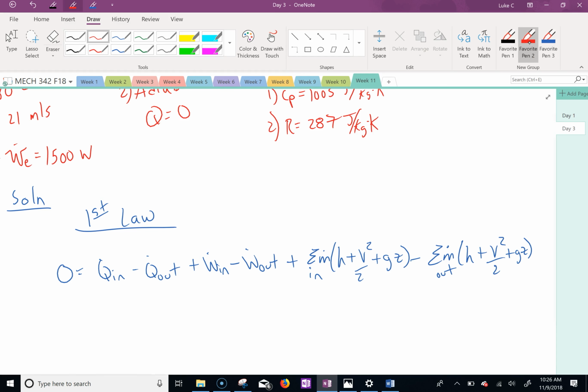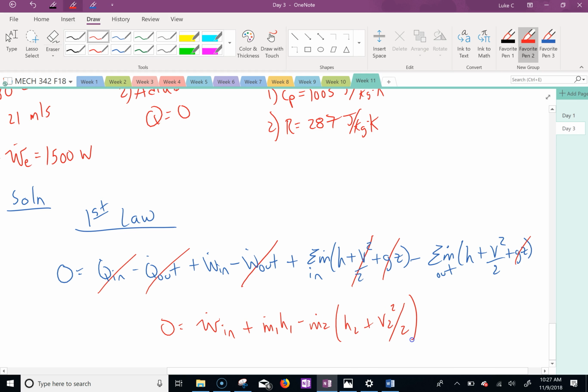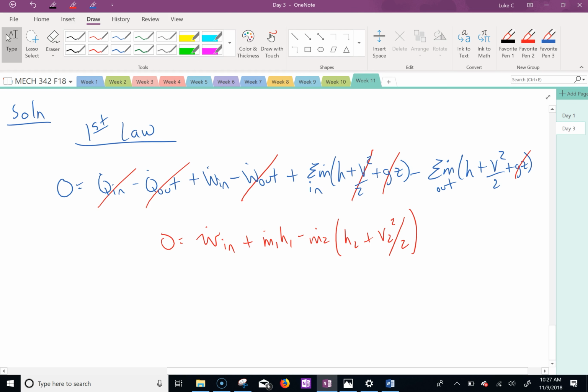We can cancel this velocity, right? We said that was 0. Let's cancel the altitudes. There's no work out, and it's adiabatic. So we end up getting this from the first law.